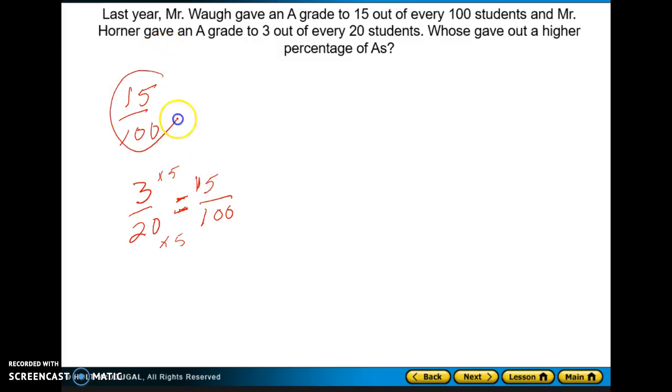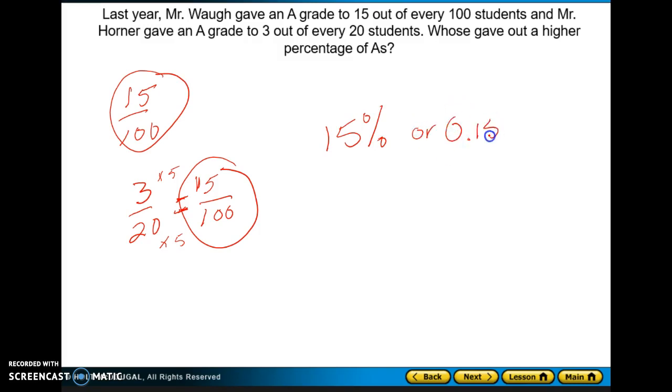Hey, look at that. Both Mr. Horner and I gave 15% of our grades an A. Or we could write it 0.15. Or we could say 15 over 100 or 3 over 20. All of those are the same quantity. We're talking about the same number represented as a percent, as a decimal, as a fraction.